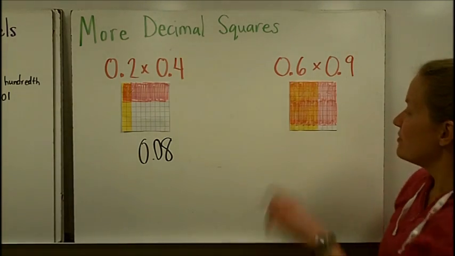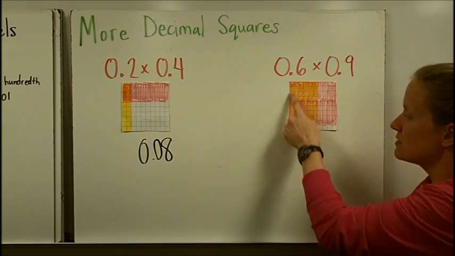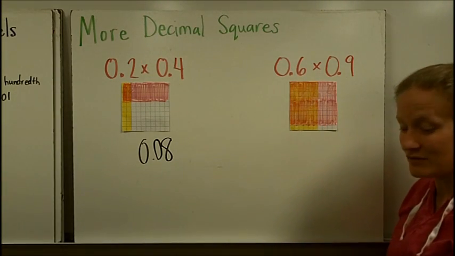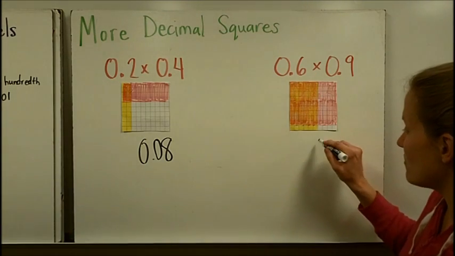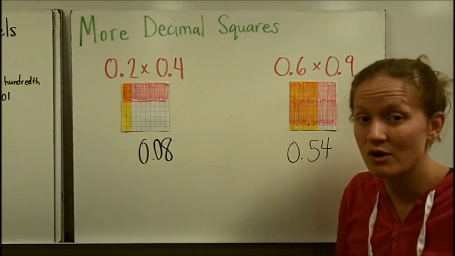Okay, in my overlapping piece here, you can see that I have 6 going across, and there are 9 rows of 6, which would make 54. That means there are 54 small pieces, or 54 hundredths.